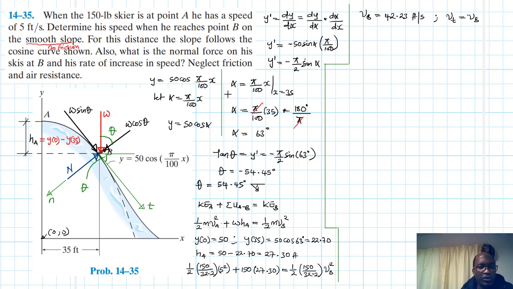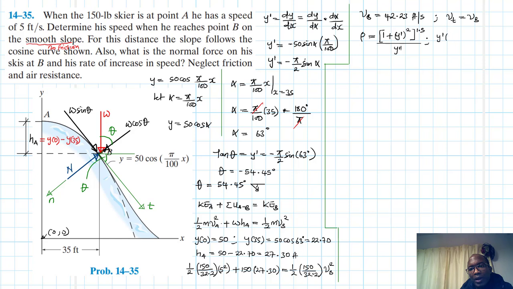So for the normal force, we require rho, and our rho is just equal to 1 plus y prime squared, then this to the power 1.5, divided by y double prime.